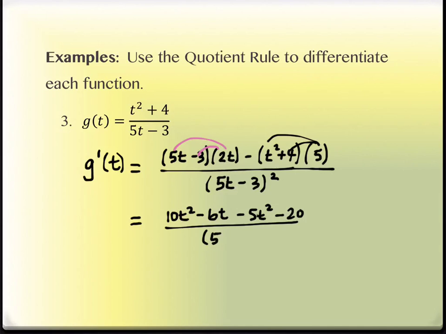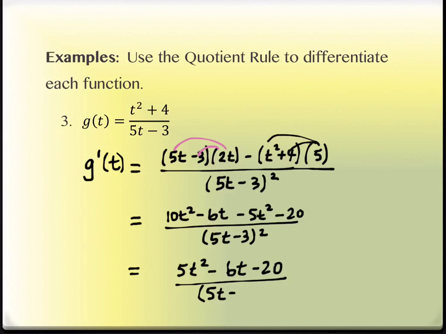All over 5t minus 3 squared. There's one thing I can combine on top, right? The t squared terms. So 10t squared and negative 5t squared would be 5t squared minus the 6t minus 20. And this is all over 5t minus 3 quantity squared.